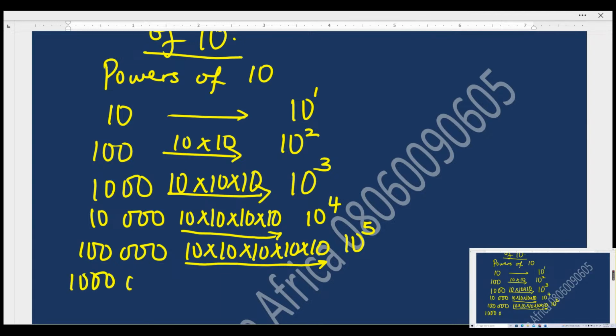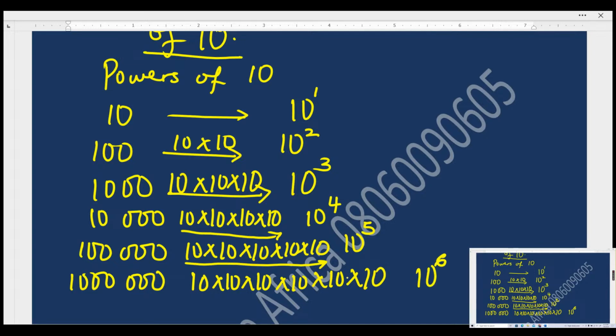After 100,000, we have 1 million. That's 6 zeros. 1 million contains 6 zeros. So that will be 10 times 10 times 10 times 10 times 10 times 10. That is 10 raised to power 6.